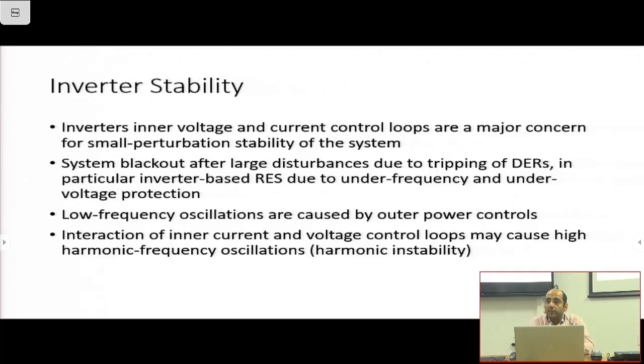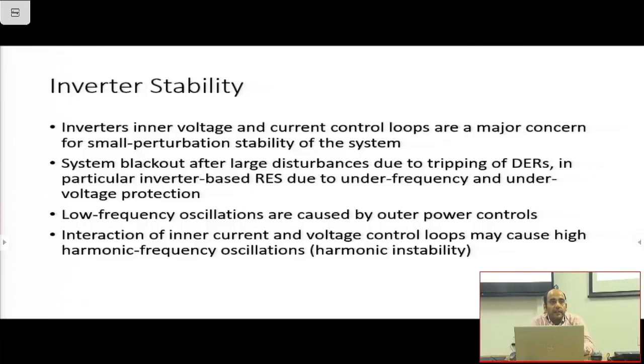Talk about inverter stability issues. From the control system point of view, there can be many. A lot of stability issues can arise from the inverter. For example, the inverter's inner voltage and current loops that we discussed just now can lead to some instability. Why? If the gains are not properly tuned.